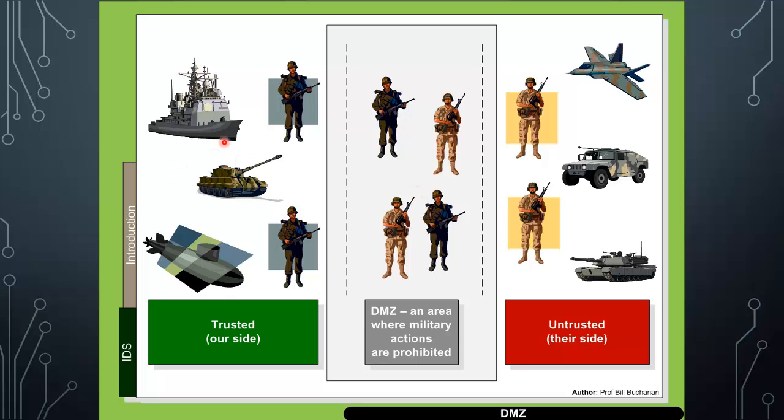Another concept that we have in terms of network security is that we often have a three-level or three-zone system. When we buy a firewall, often it has three ports. We have one which connects to an untrusted side, that's onto the internet. We have another that connects to our side, that's the trusted side. And then in between we have the place where these two can actually meet together, and that's within a demilitarized zone or a DMZ.